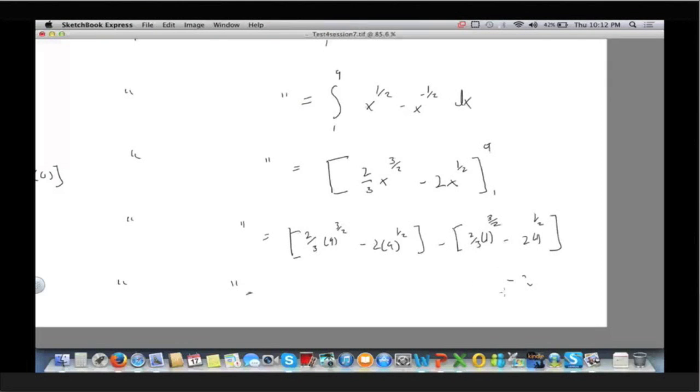I think we're just on the wrong page here. Okay, so what is 2/3 minus 2? Okay, good. So what is 1 to the 3/2 power? 1. Good. And what's 1 times 2/3? 2/3. Good. And what's 1 to the 1/2 power? 1. And what's 1 times 2? 2. Good.